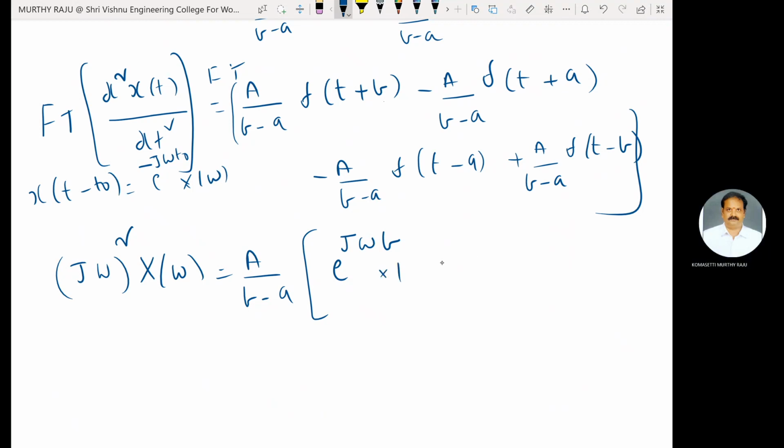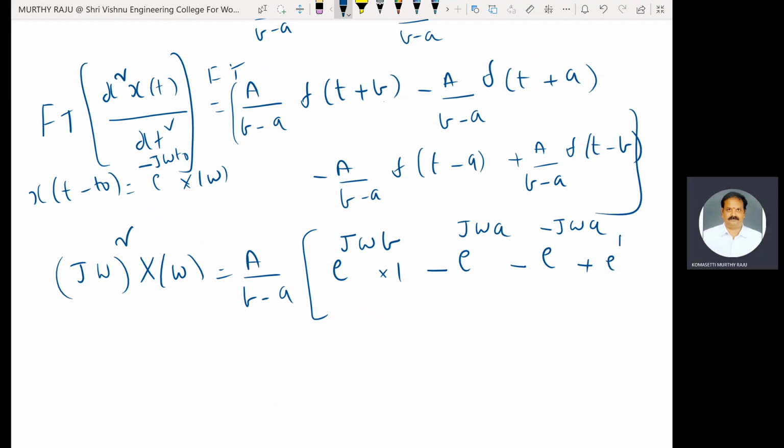In a similar way, minus e power j omega a, minus e power minus j omega a, plus e power minus j omega b. By applying the shifting property, we get this expression.